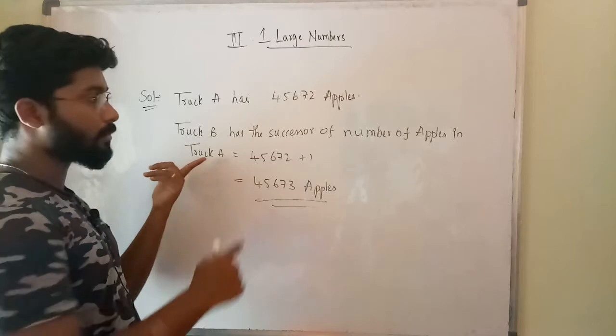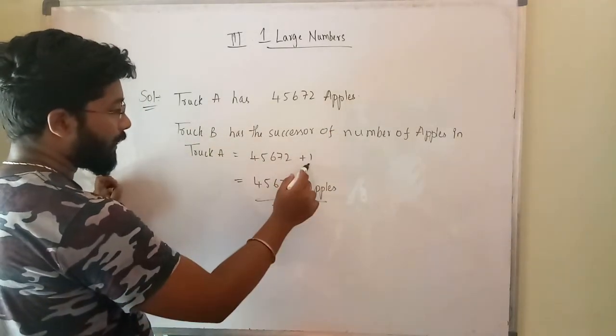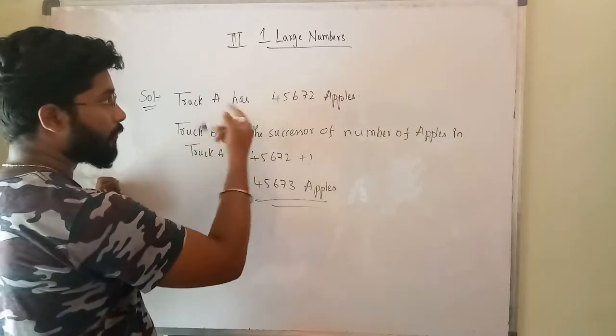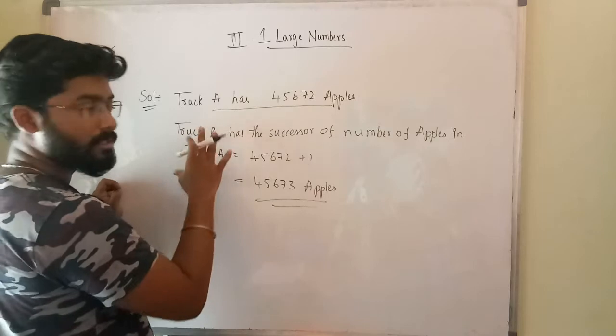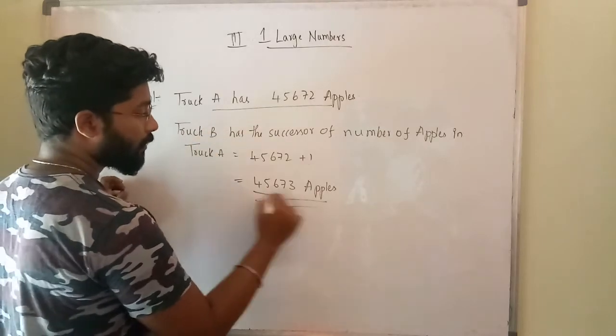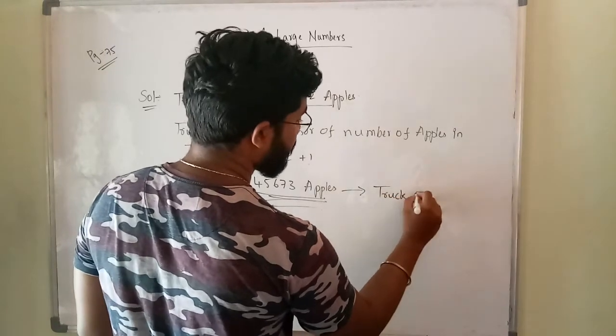So truck B has the successor number of apples in truck A. If you are adding plus 1, it will become the successor of the apples which are there in truck A. That many apples truck B will have. So this is the number of apples truck B has. Very easy, very simple question. You can write it very clearly.